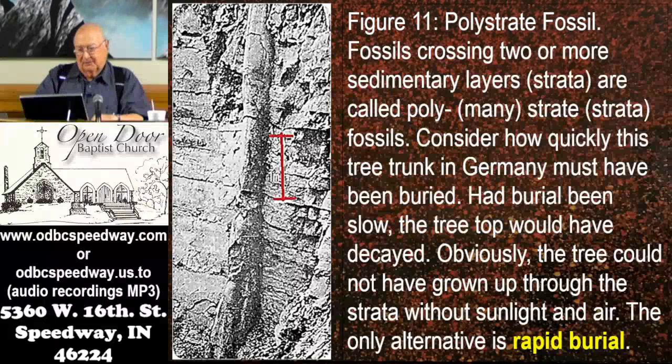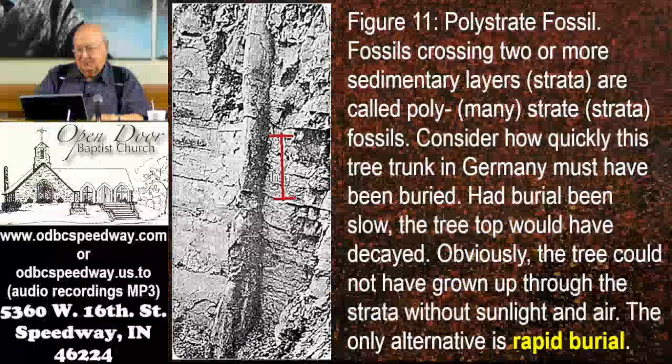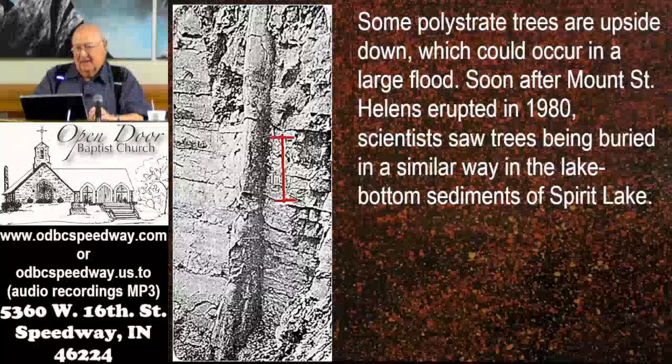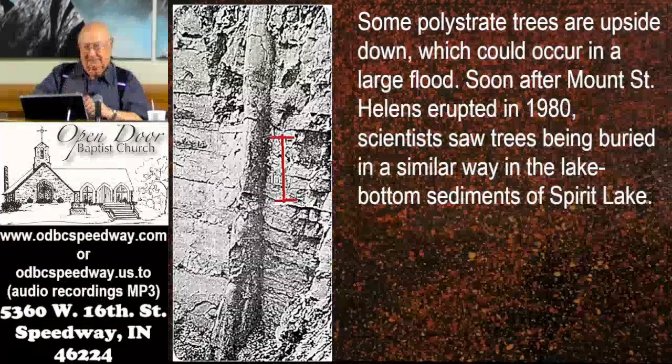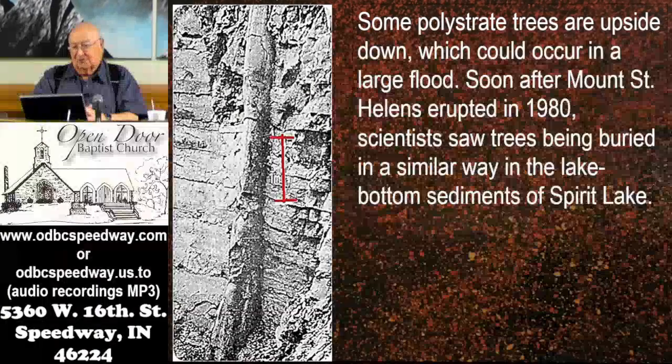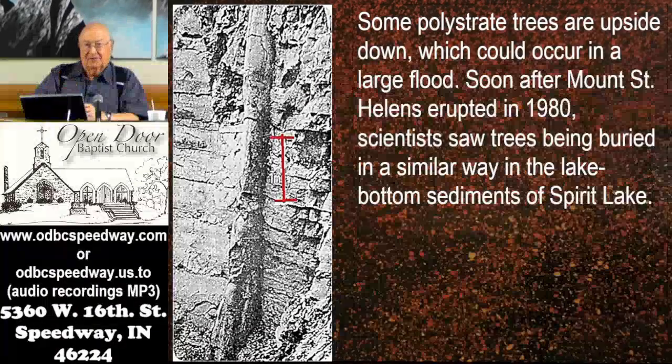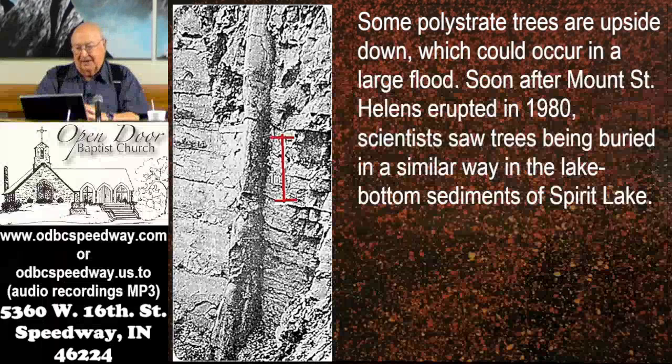And then we see this, the same picture, but the next slide. Some polystrate trees are upside down, which could occur in a large flood. And we have this evidence right after Mount St. Helens erupted in 1980.